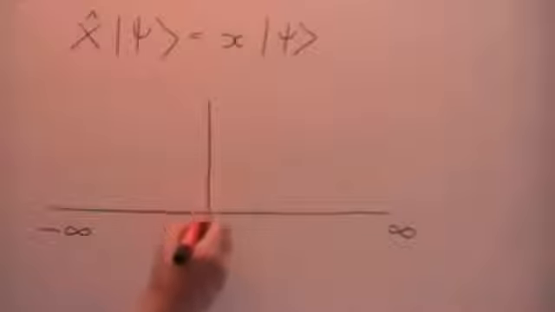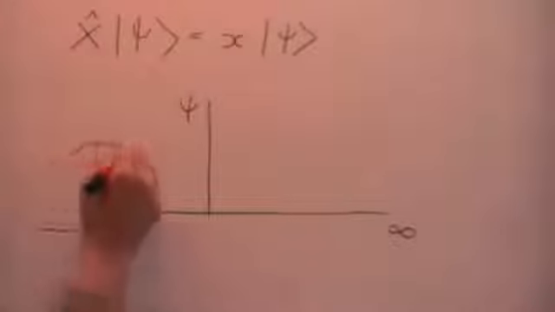And there must be a probability of the particle being at any one of those points. And the probability amplitude, which we will call psi, for each point will be represented by some kind of curve.